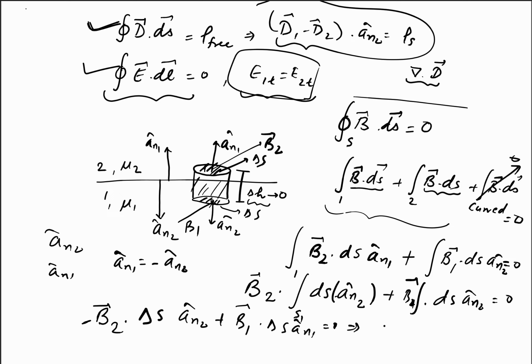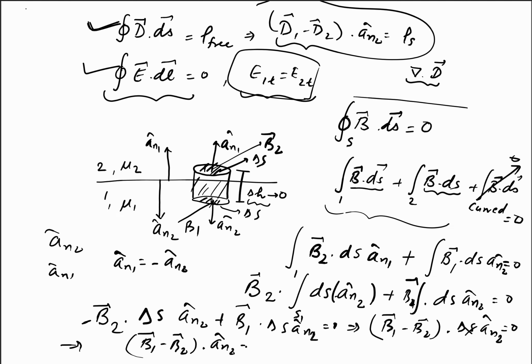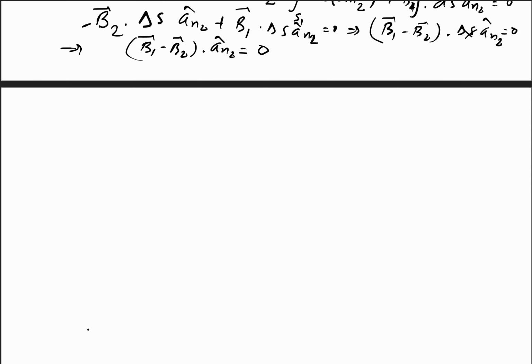It implies B1 minus B2 dot delta S an2 is equal to 0. Since delta S is not equal to 0, it implies that B1 minus B2 dot an2 is equal to 0. So in this way we have derived the boundary condition for the normal component.